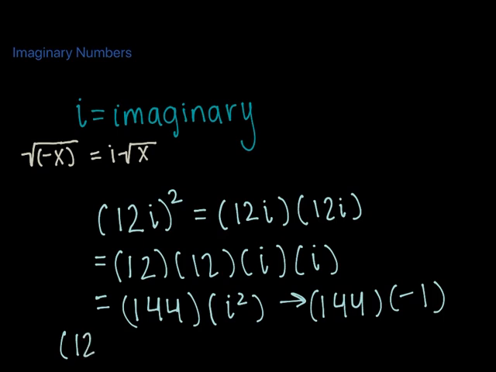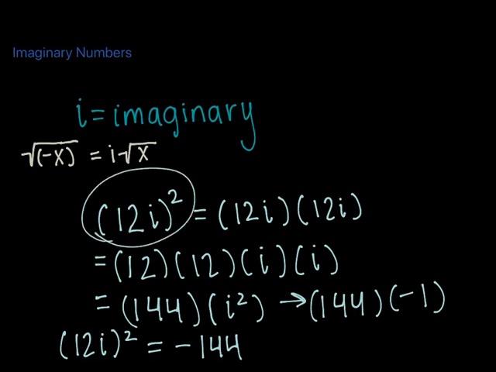So 12I squared simply equals -144. So we started with an imaginary number and ended with the real number as the solution.